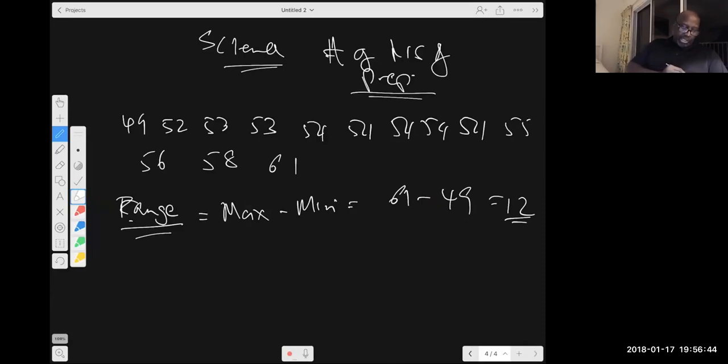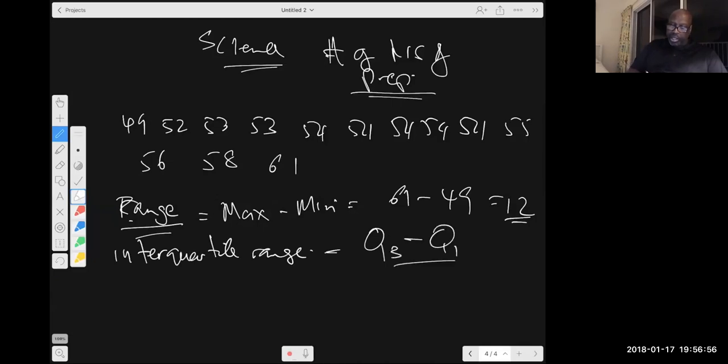In that case, we look at something called the interquartile range. That's where we look at the difference between the third quartile and the first quartile, in other words the middle 50% of the data.